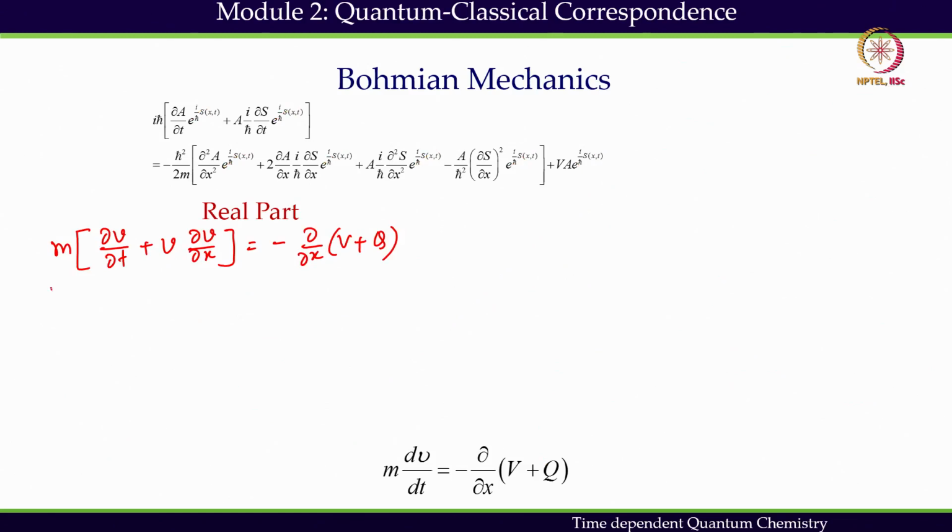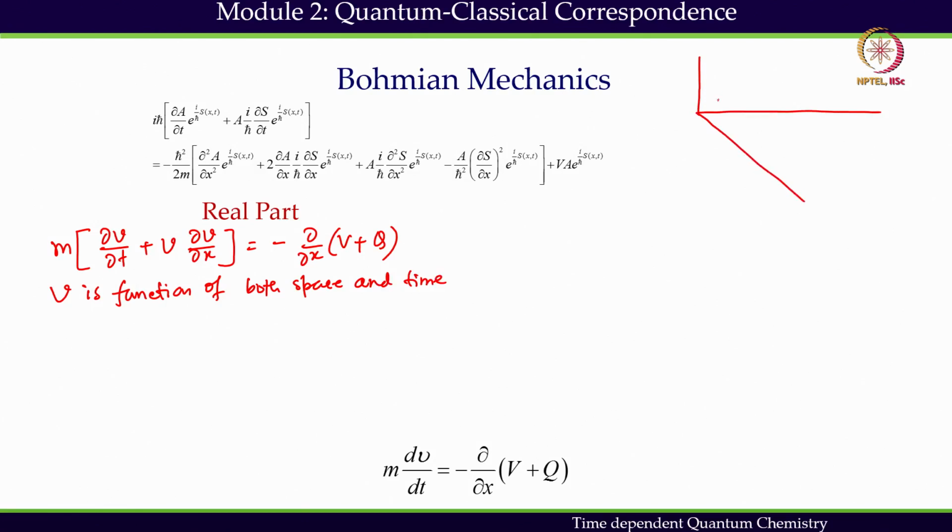Now, because velocity is a function of both space and time. Why? I have shown already, if this is the initial distribution function, then these are the possible positions I have for the particle.